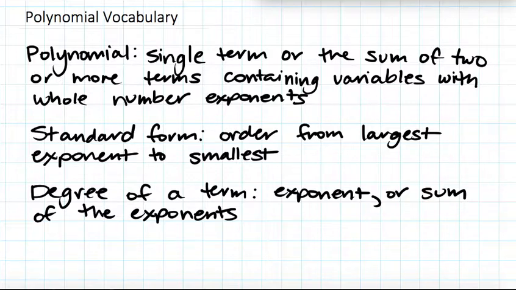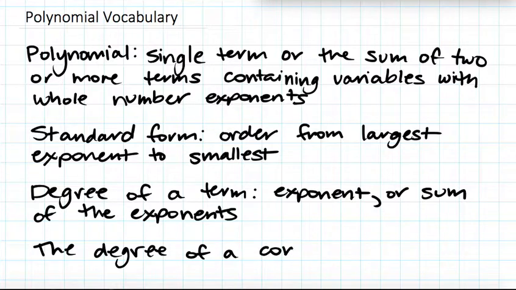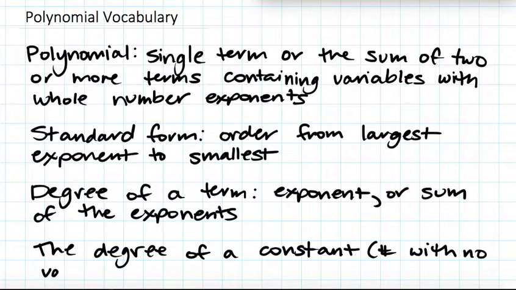If we have just a number or a constant, a number with no variables in the term, then the degree of that is 0.